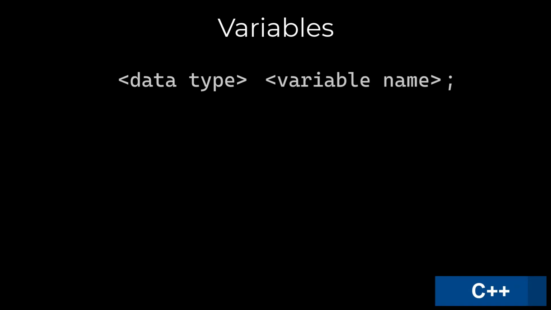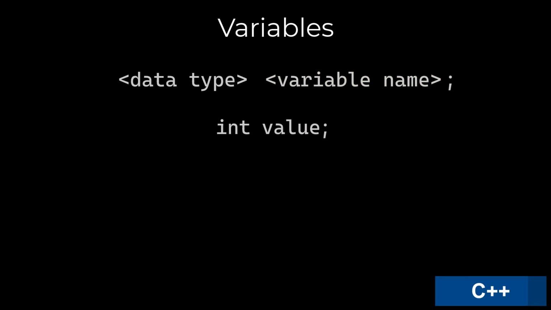The angle brackets I use when showing a generic syntax indicate something that will be replaced with a valid piece of code. In this case, data type, in angle brackets, should be replaced with a valid data type, like int. The variable name should be replaced with a valid C++ name, like value.